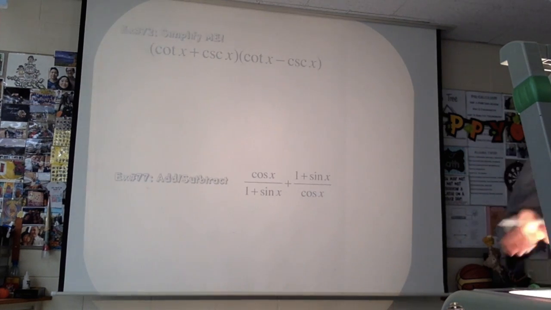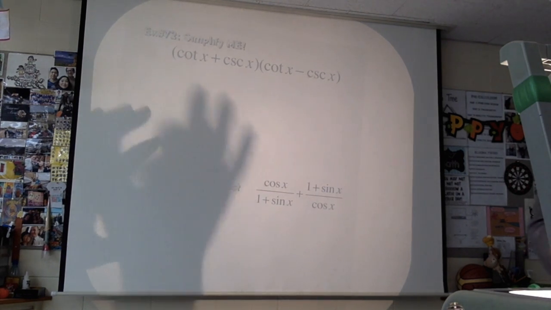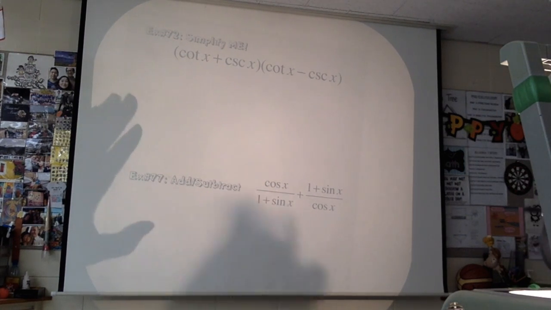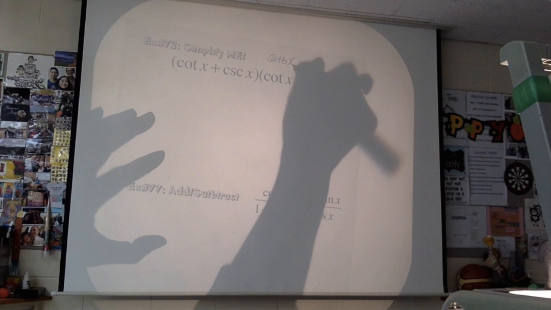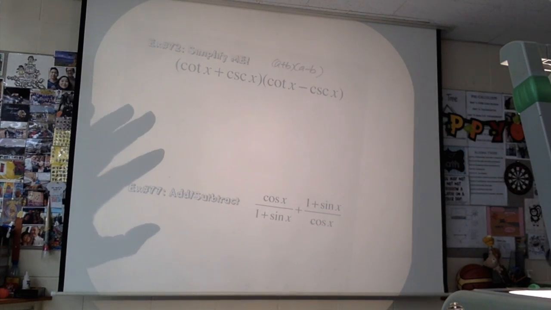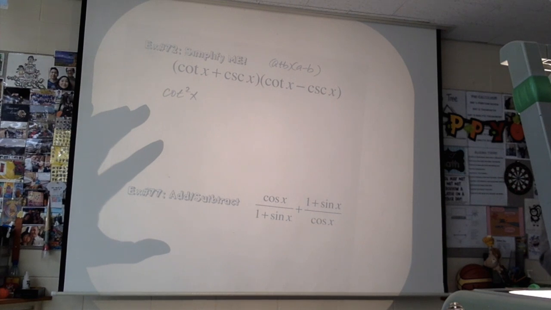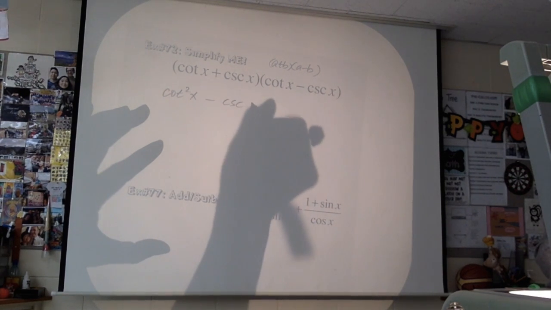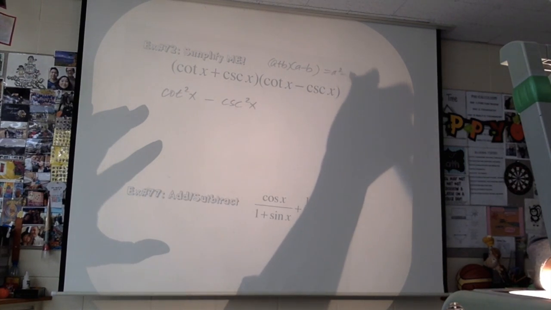Last but not least, okay? This is actually pretty simple, don't worry. Simplify me, okay? Simplify could just mean to simplify. You know, it looks really complicated right now, but how can we simplify it more? Here, you could just see that it's actually a plus b times a minus b, right? This is number 72. Cotangent squared x minus cosecant squared x, because this is actually equal to a squared minus b squared, right?